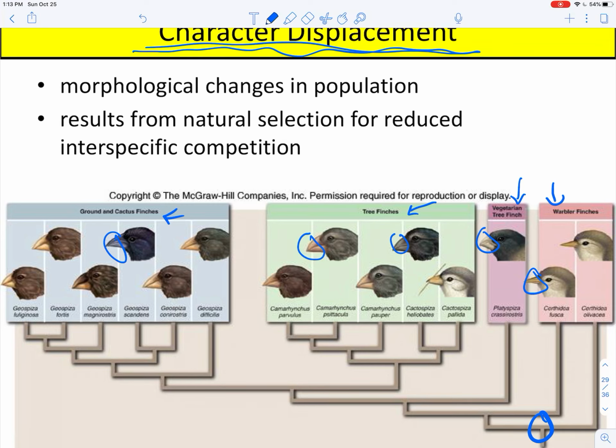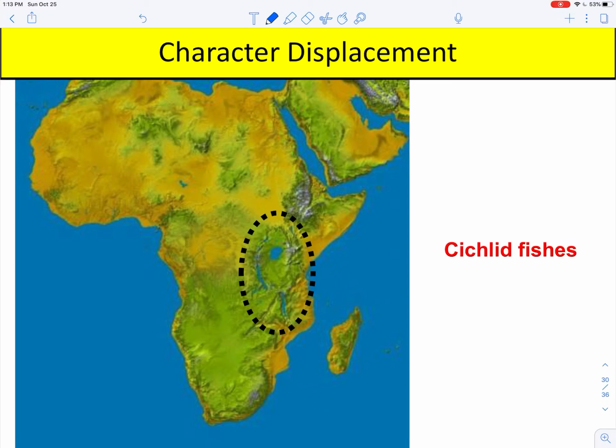Another good example of character displacement we can talk about is with cichlid fishes. Cichlid fishes are native to Africa, and we find them in the African Great Lakes. Sometimes even within a single lake, we may see somewhere around 300 species of cichlid fishes that are really closely related, present day.